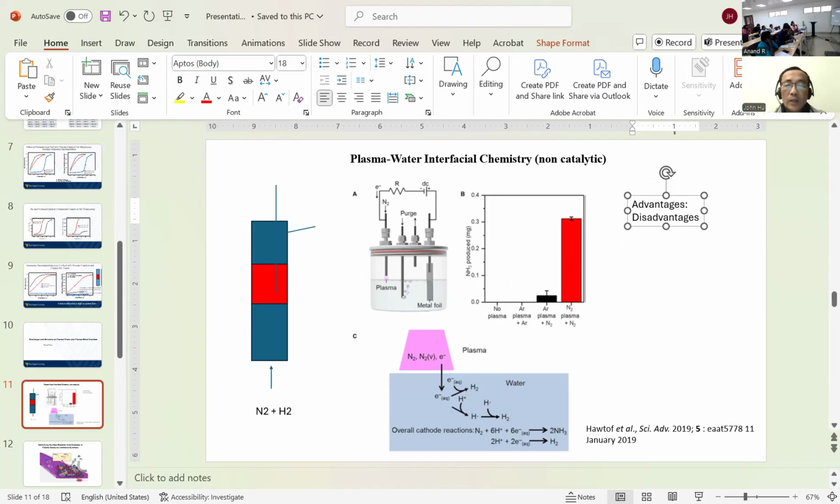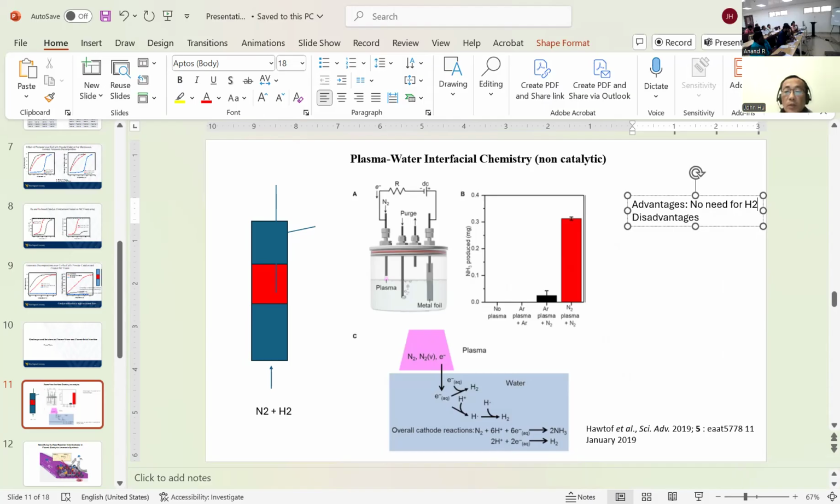One of the advantages you can see: did you realize there is no hydrogen? Which is good. I don't think they feed in the hydrogen. They feed in nitrogen. Hydrogen is generated from the water electrolysis, basically from the water. That is how this plasma interacted with the water and then formed the hydride, and then combined the hydrogen. But they do form the ammonia, not hydride.